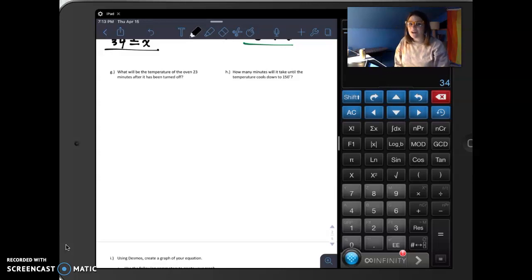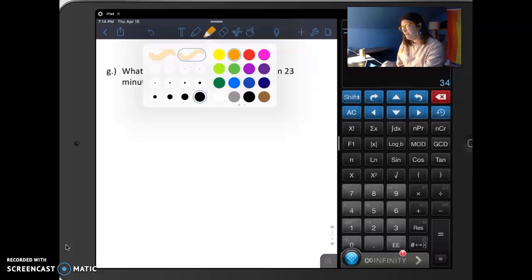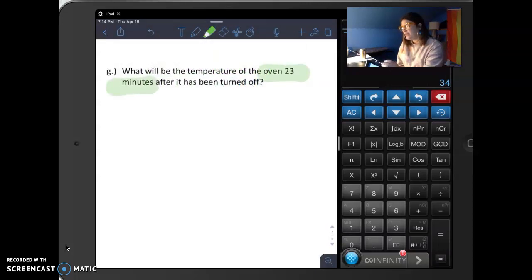Okay, so let's talk about the next part of this question. Again, we need to look at the units when we're given questions like this. It says, what will be the temperature of the oven 23 minutes after it has been turned off? So 23 minutes is an x value, and it says what will be the temperature, so they're asking what y is equal to.